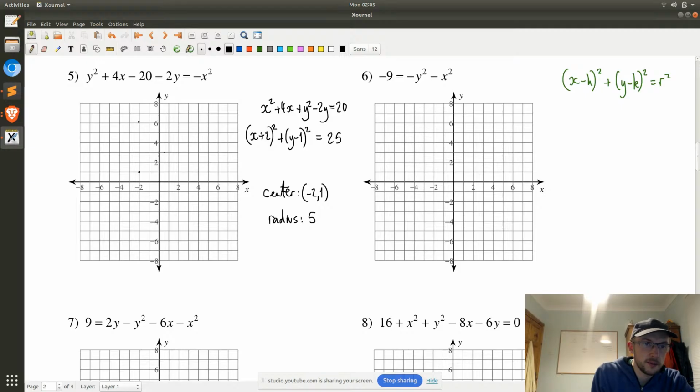Radius of 5 out to there, to there, to there, and there, and draw. There.